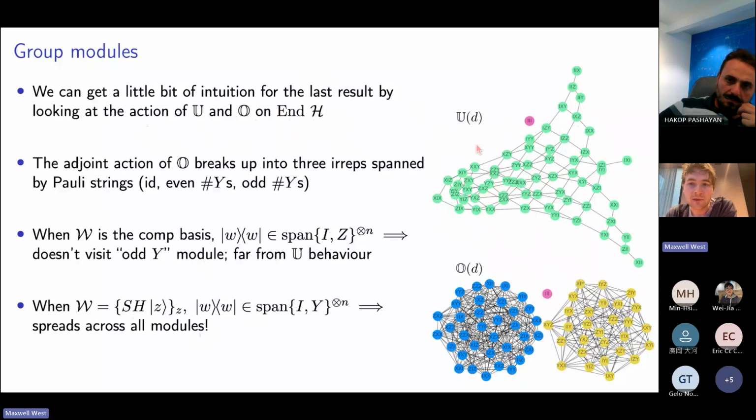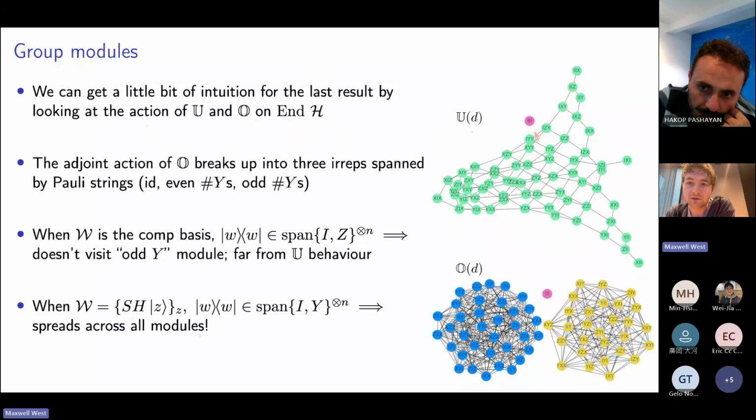And so every one of these vertices of the graph is supposed to represent, hopefully you can read this, the span of a Pauli string. And then the connected components live in the same module with respect to the action of U. So in the unitary case, the identity lives on its own in this trivial one-dimensional representation, right?